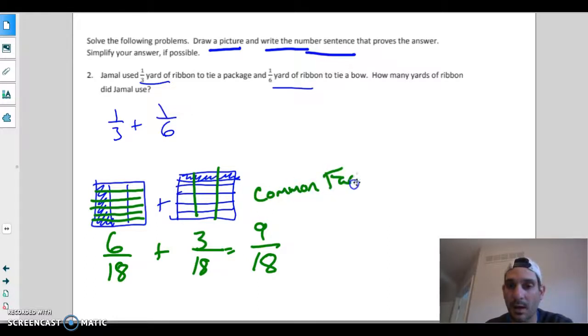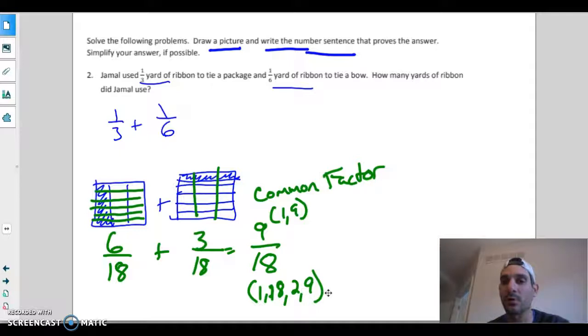A common factor of 9 and 18 is 9, because the factors of 9 are 1 and 9. And the factors of 18 are 1, 2, 18, 2, and 9. So this is where it's going to pay to really know your math facts. I have a 9 here, and I have a 9 here. And that's my greatest common factor.